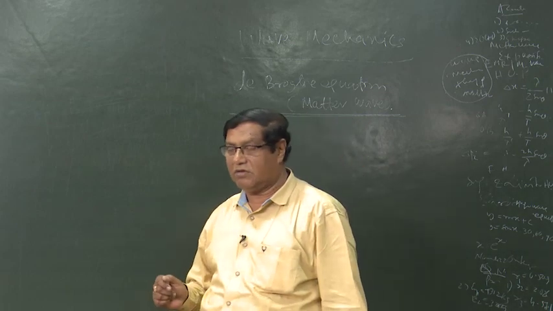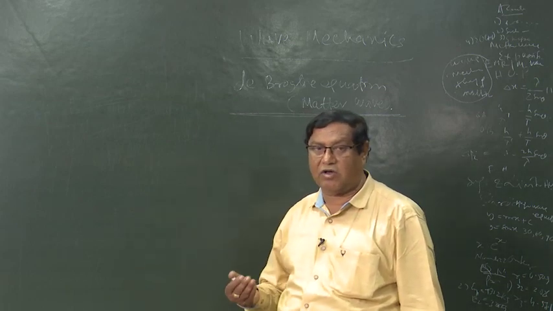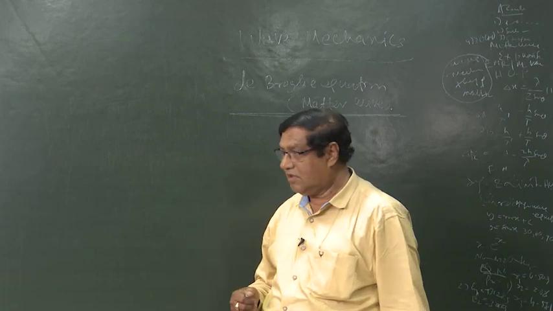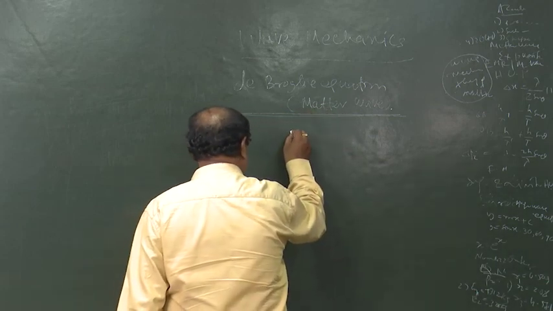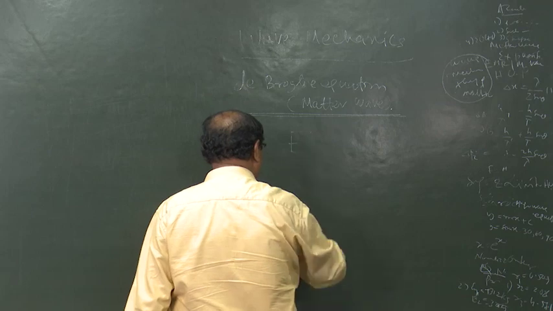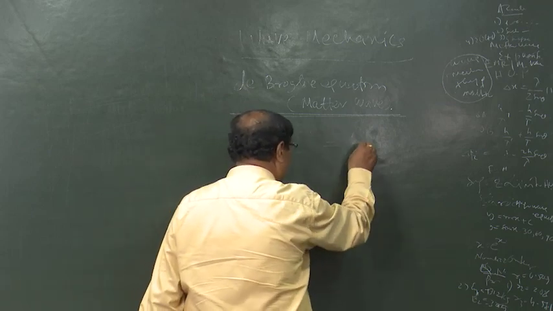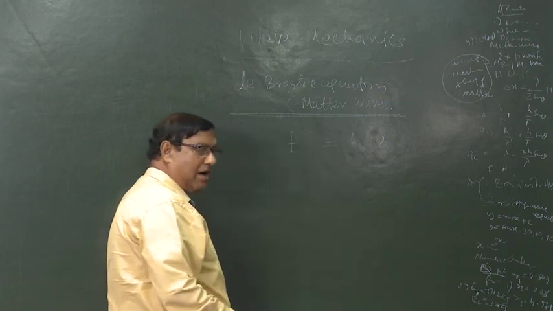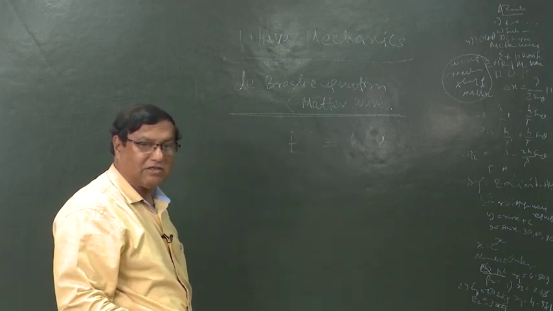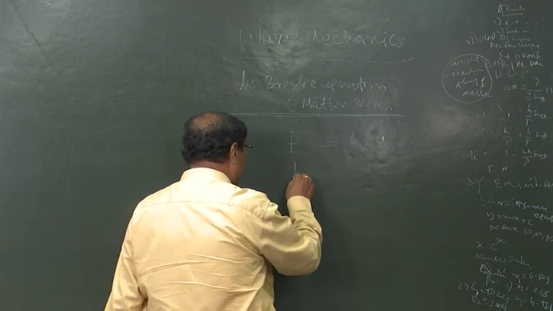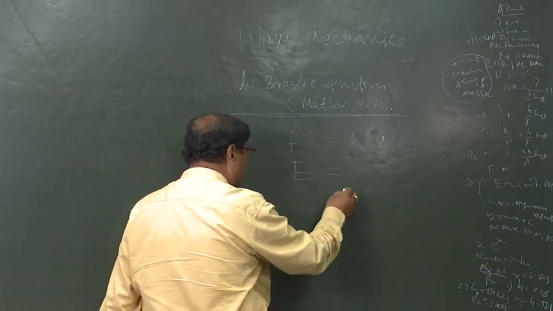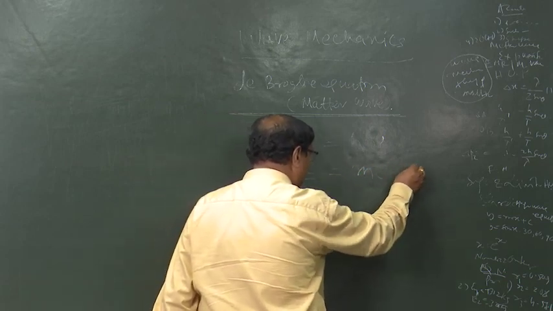Like a photon of light, an electron also behaves like a wave. If you consider a light particle, its energy is given by E is equal to h nu, and Einstein's mass-energy relation is E is equal to mc square.